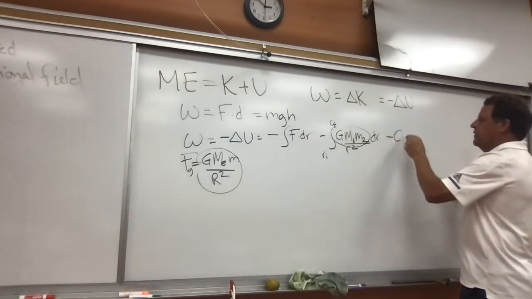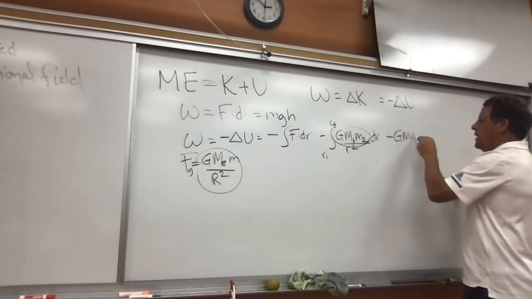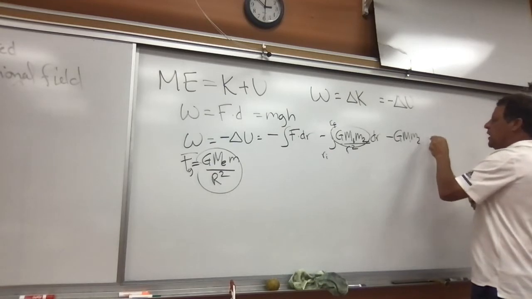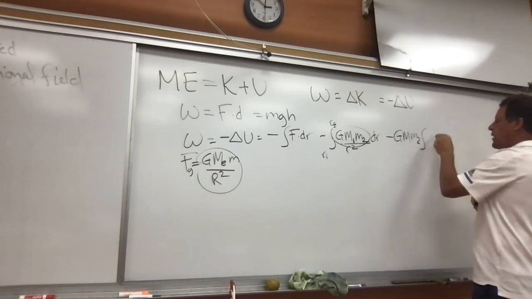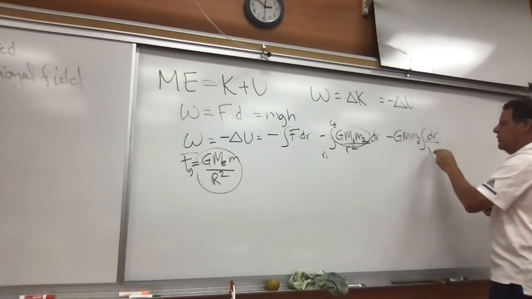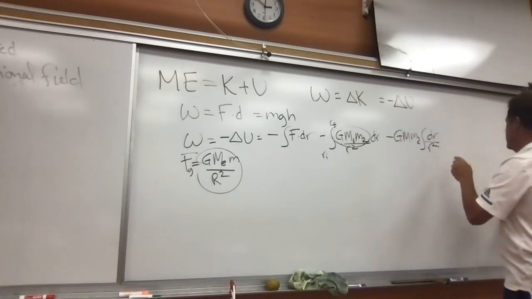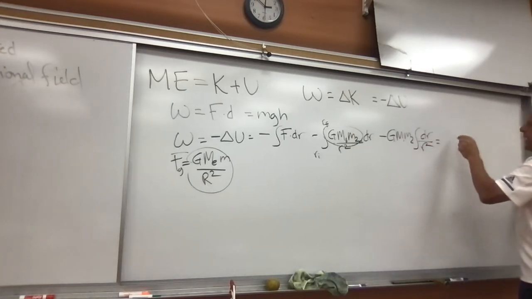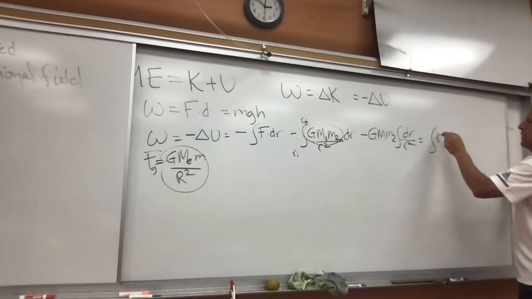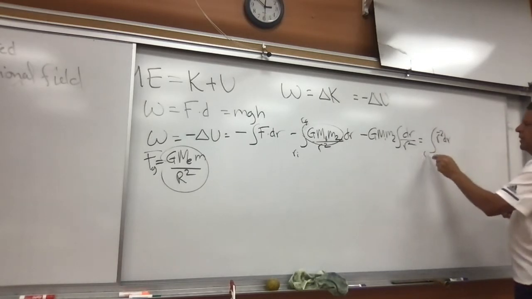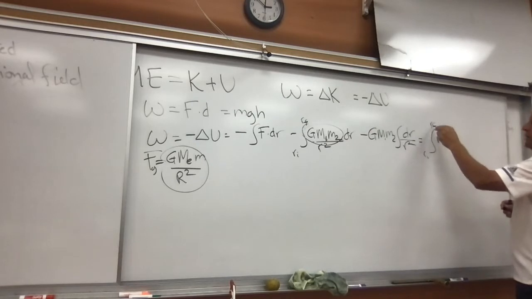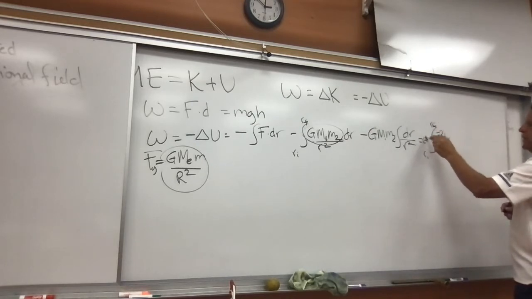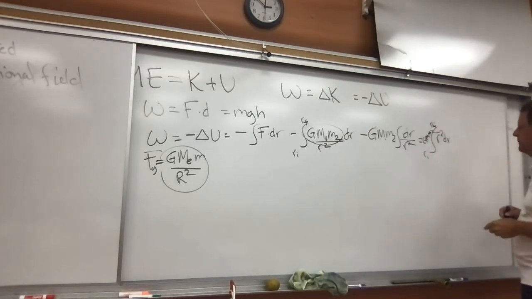So we have negative big G m1 m2 times the integral of dr over r squared. We could also think of this as r to the negative 2 dr, from r initial to r final, again with big G m1 m2 in front.